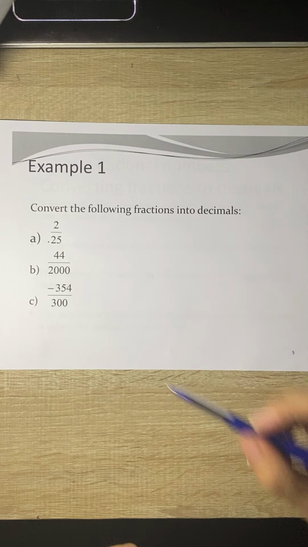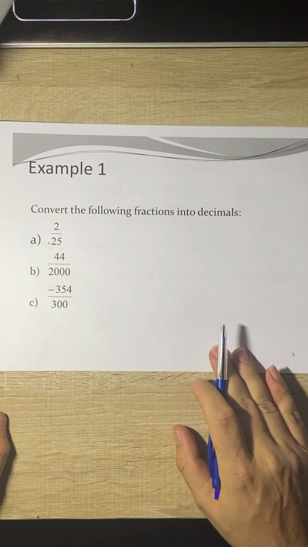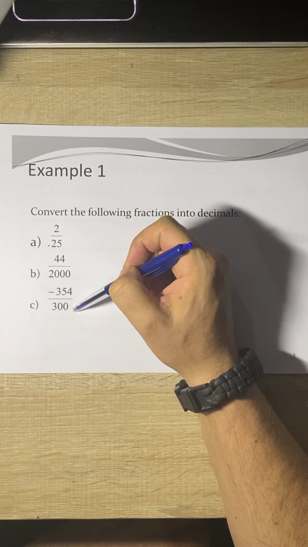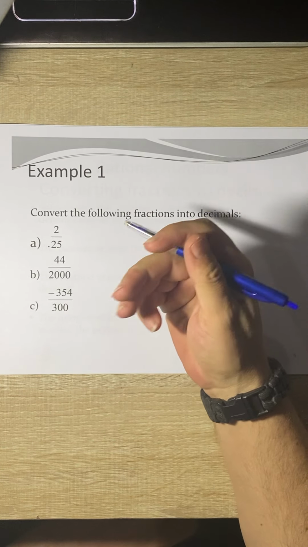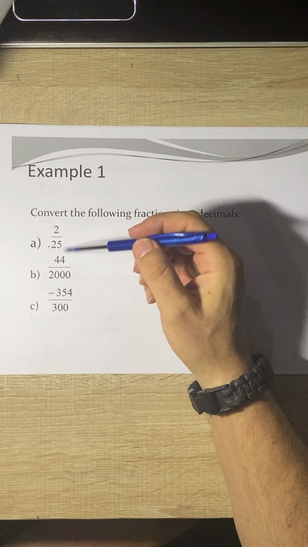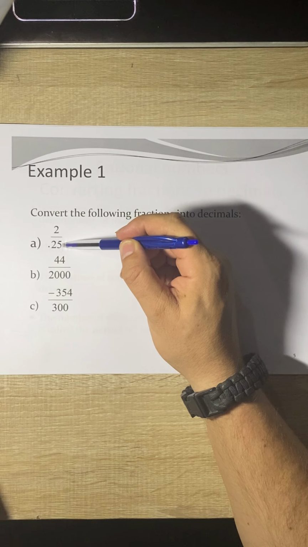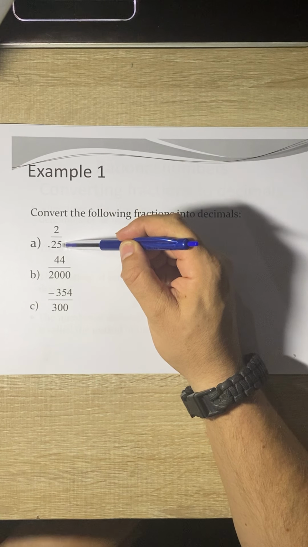So what I'm going to do first of all is try and make my life a little easier. I look at these denominators and I ask, can I get them to multiples of 10? So for example, can we get 25 to 10, 100, 1,000, 10,000, and so on?